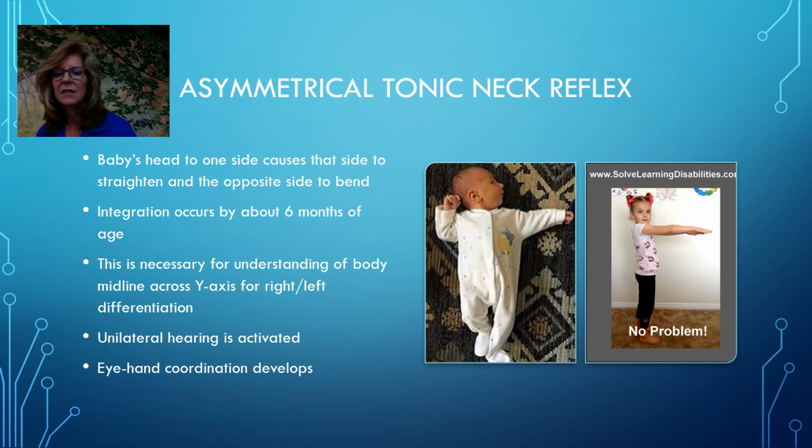The little girl that you see on the right side of the screen is holding her arms out, and she's looking over her right shoulder. And there's a little caption underneath there. I borrowed this picture from selflearningdisabilities.com, that the little girl is able to hold her arms straight in front of her body and move her head to the right without her arms turning towards the right. And when this happens, we know that the ATNR reflex is integrated.